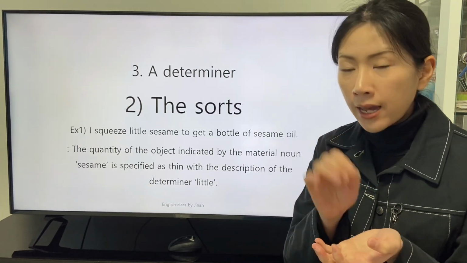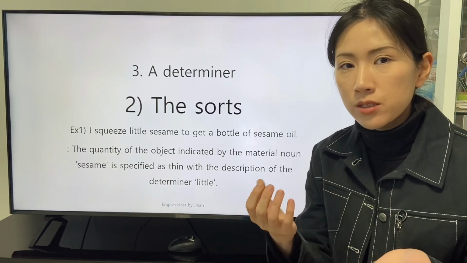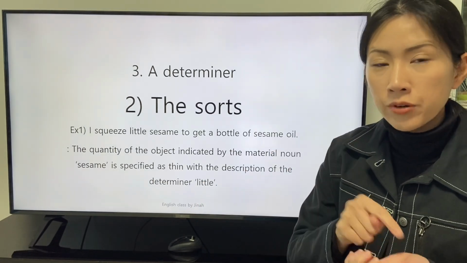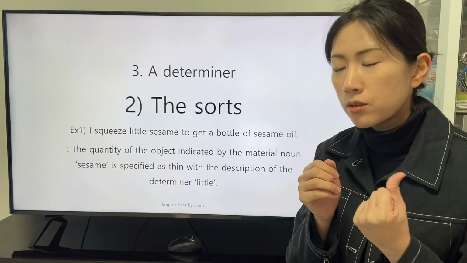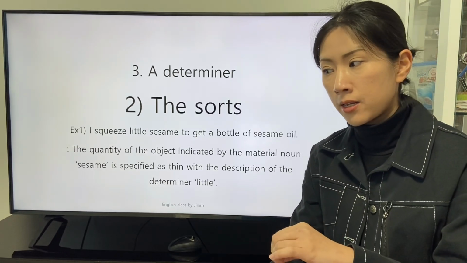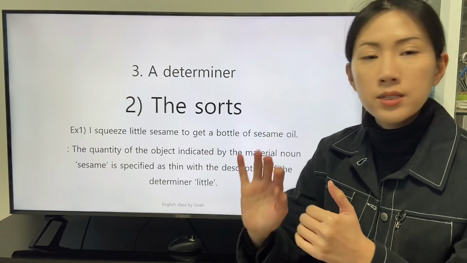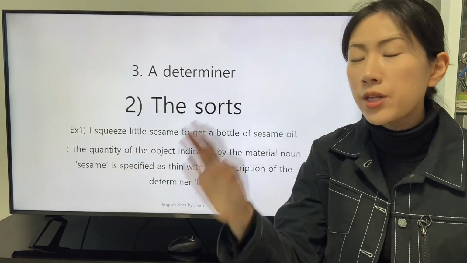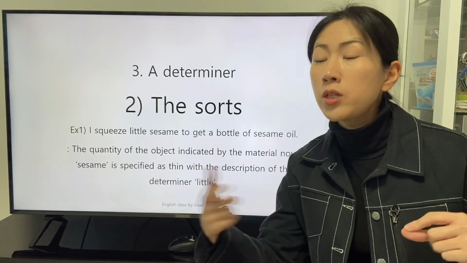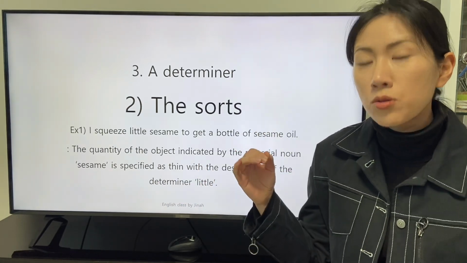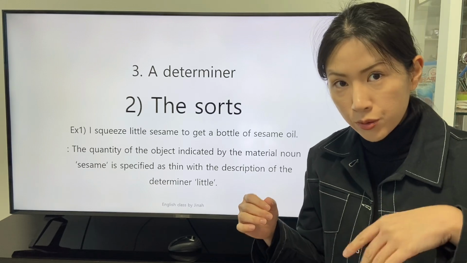Each grain can be counted with the number because the grain of rice or sesame is visible and distinguished from the other, to indicate the object with the commonly used unit, that is a grade in a linguistic group.